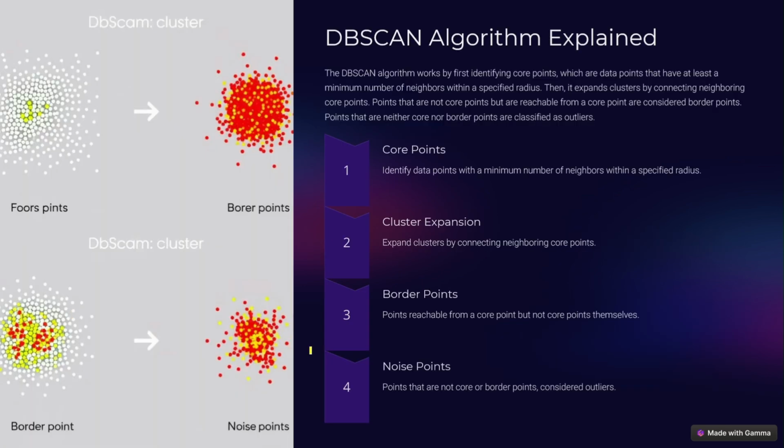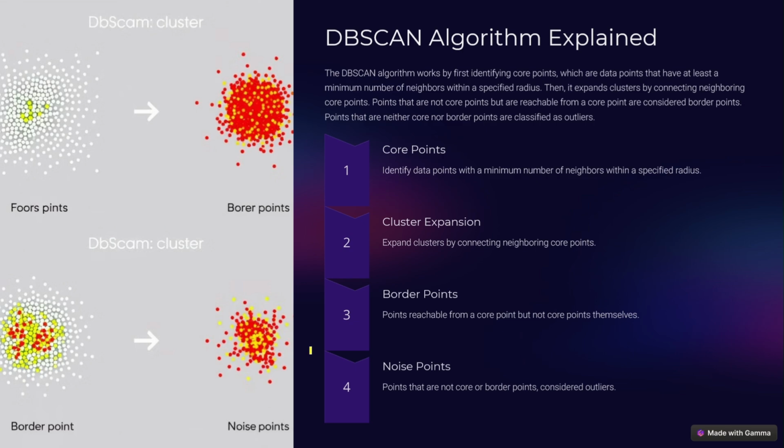Here's how DBSCAN works. Core point. DBSCAN looks for a core point. These are data points that have a lot of neighbors nearby. Expand the cluster. Once it finds a core point, it starts expanding the cluster by linking it to the nearby core points. Border point. Points that are close to a core point but don't have enough neighbors themselves are called border points.